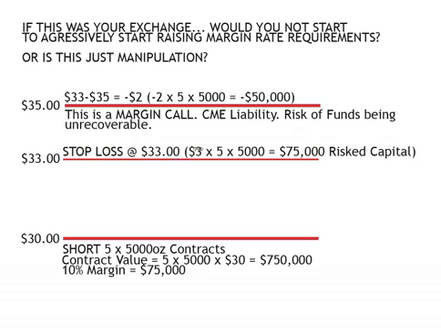So the $3 difference times 5, the number of contracts, times 5,000 ounces is 75,000 risked in capital. So I'm risking my full margin. Now there's nothing stopping me from setting it at $31.50 and then risking just half that amount, but this is the minimum margin that I have to have in my account and the maximum I can set my stop loss at.